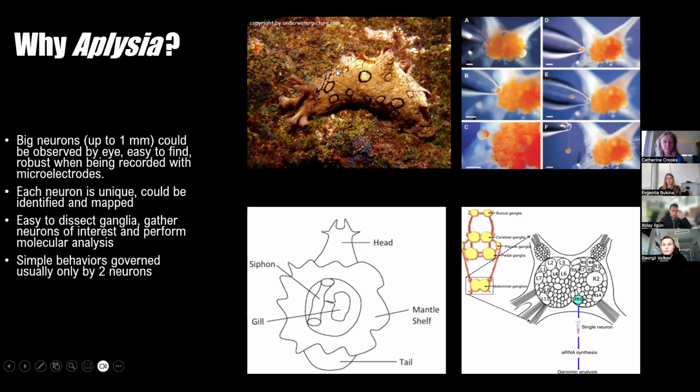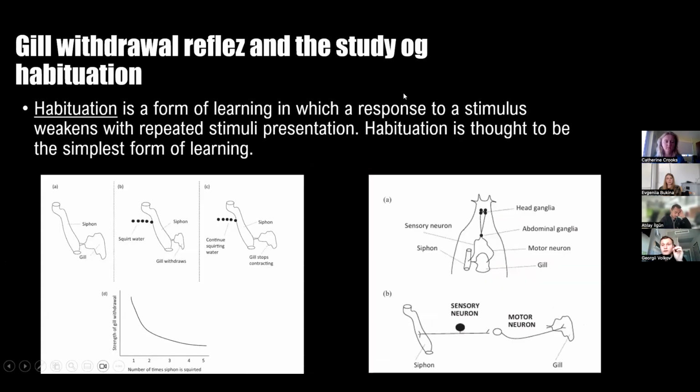Sorry. So, let's talk a little bit in detail about this so-called gill withdrawal reflex. You can see here that the siphon and the gill are connected, and if you squirt water in experimental conditions in the tank with these animals on the siphon, you would see that the gill contracts and withdraws.